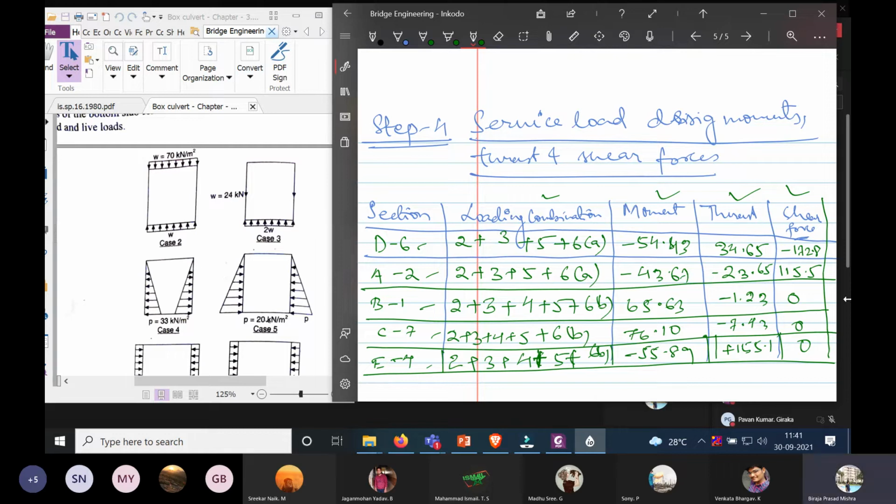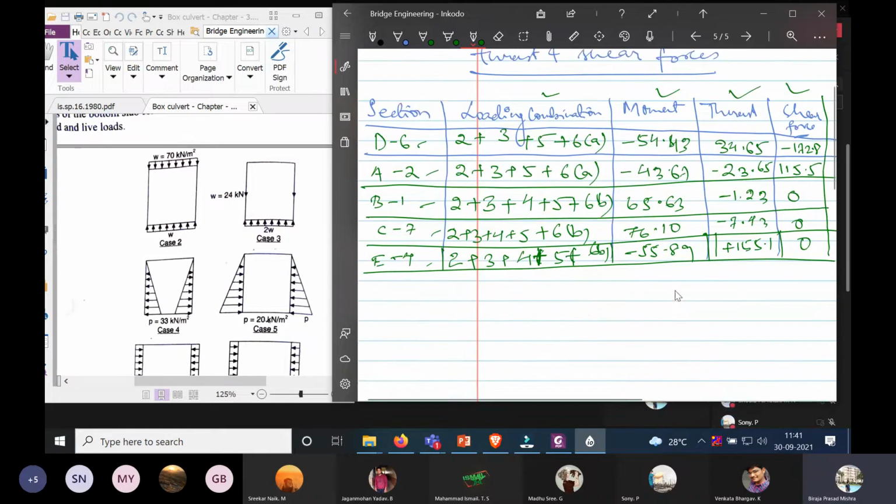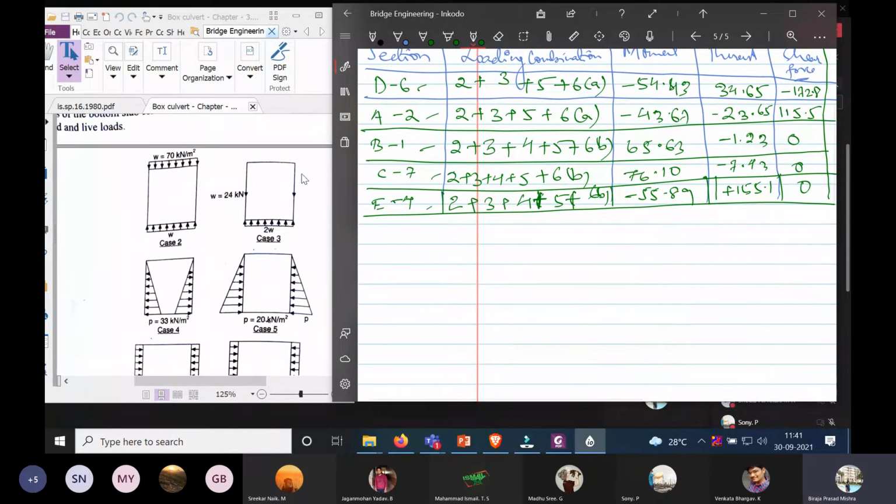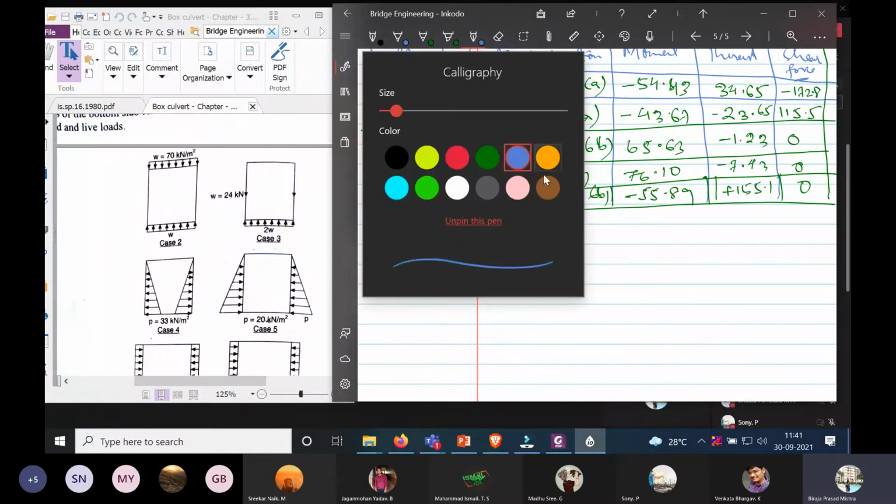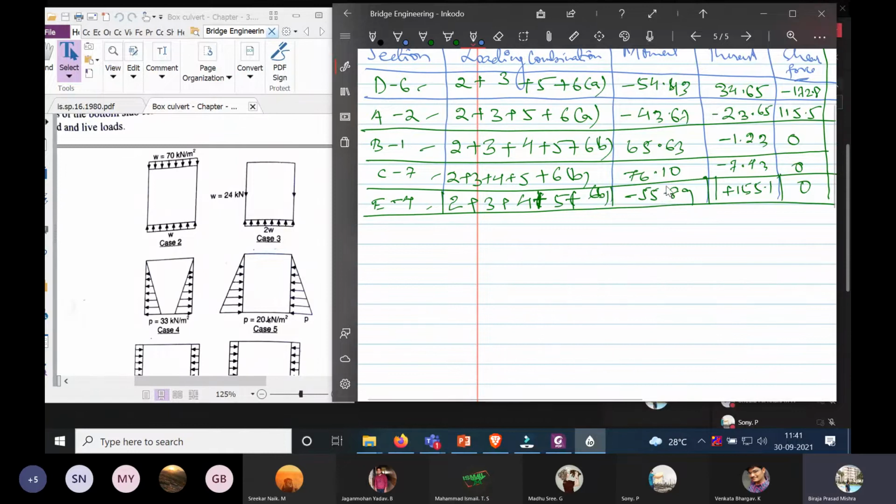Okay, so from this we can develop one conclusion. Now what is that conclusion? Based on these values, can I write like this, that the maximum positive moments develop at where?